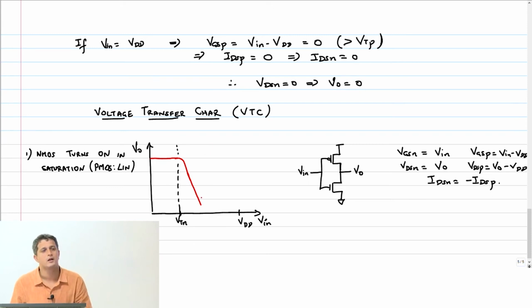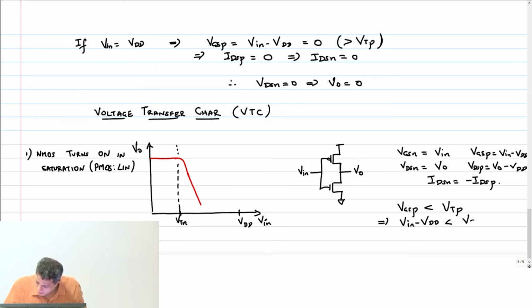Now at what point will my PMOS go off? So for that, what is my VGSP? VGSP should be less than VTP, only then it can turn on. VTP is a negative number, let me remind you again and again, which implies Vin minus VDD should be less than VTP, right?